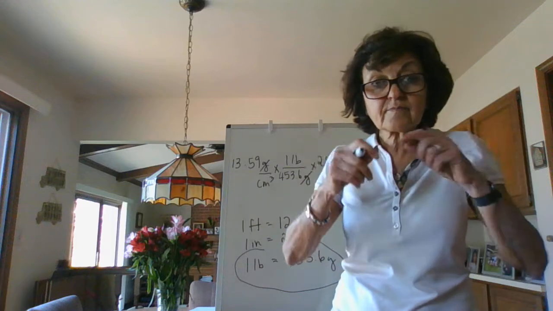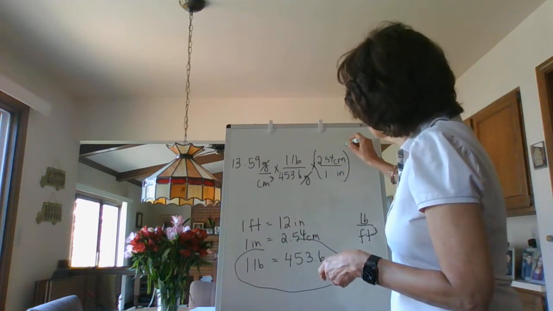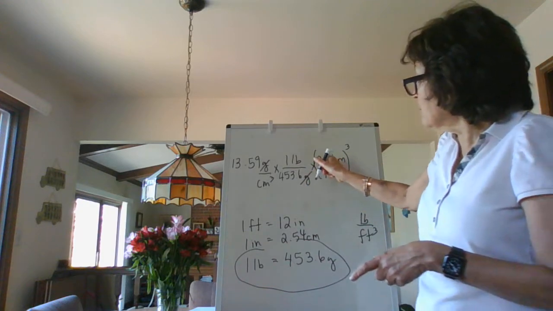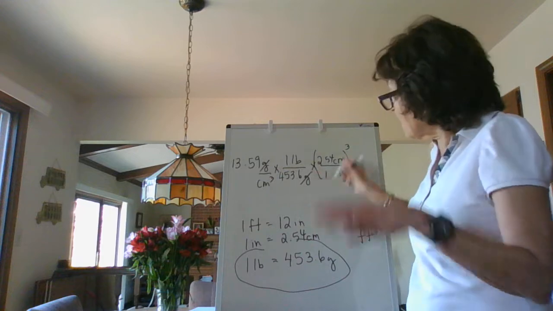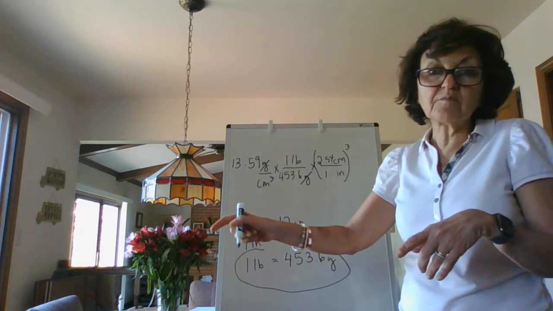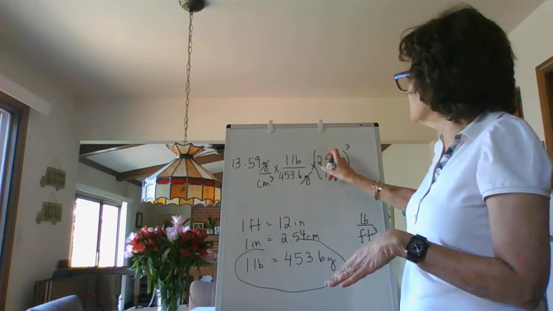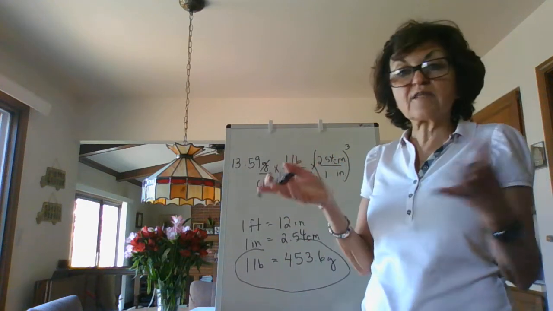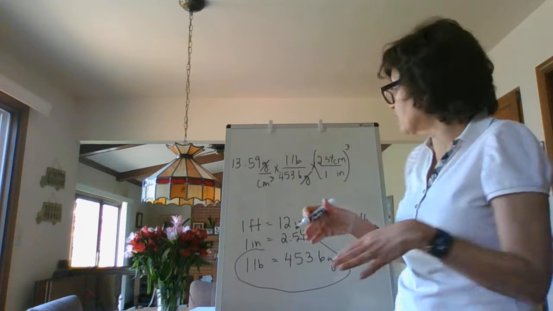So I need to cube this whole thing. The number is cubed and the units are cubed. When you do that, centimeters cubed can be canceled out with centimeters cubed, all right? Because 1 inch is 2.54 centimeters is great for just centimeters, but we want centimeters cubed.